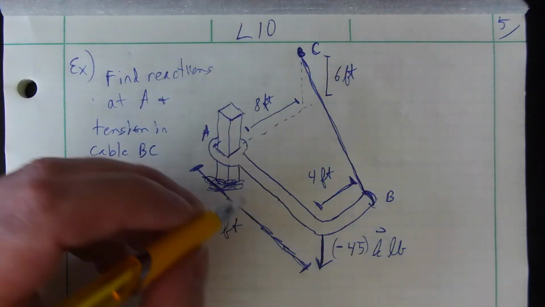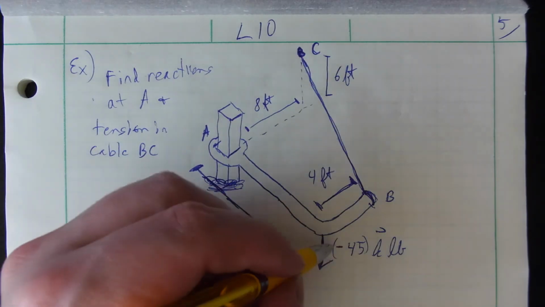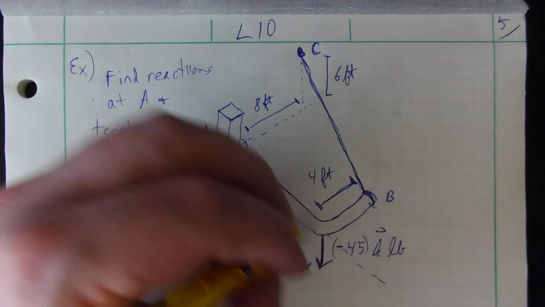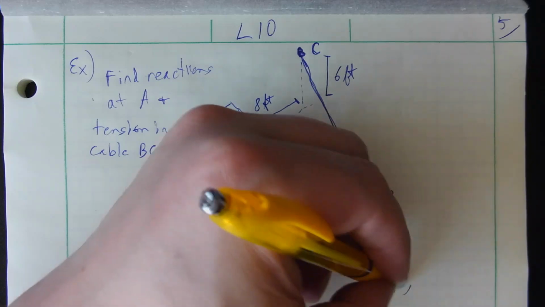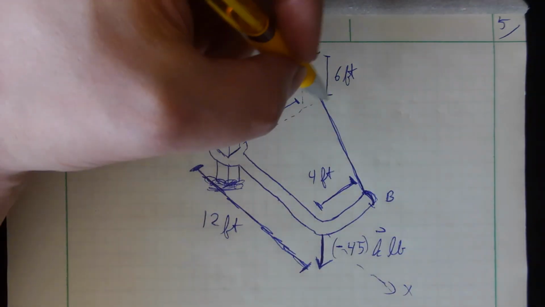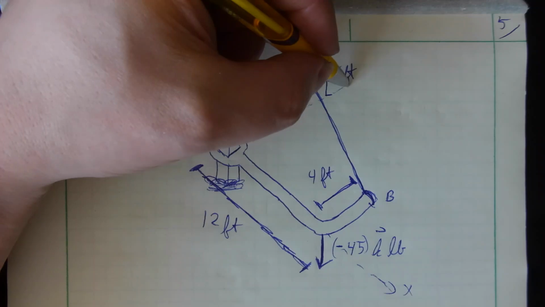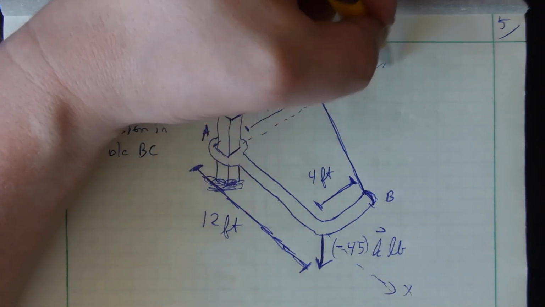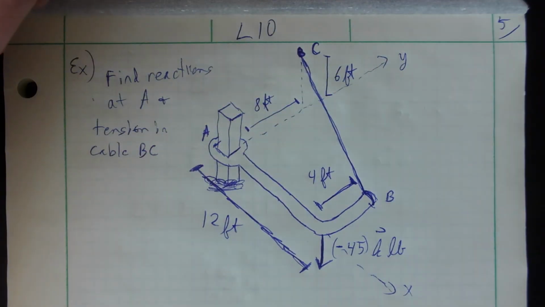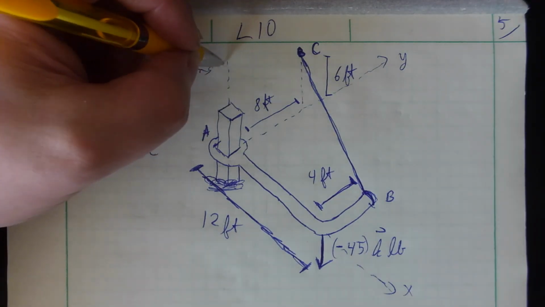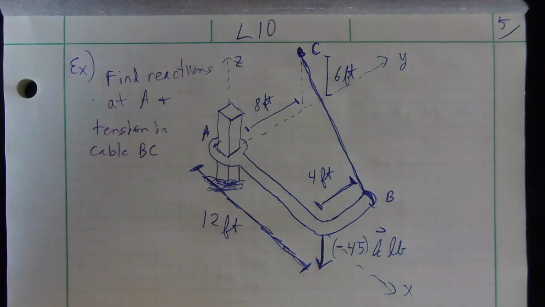So what I would suggest is calling the long arm of this the X direction, the positive X direction. This is positive Y going out this way, and positive Z I'm going straight up. And that's what I'm going to do.